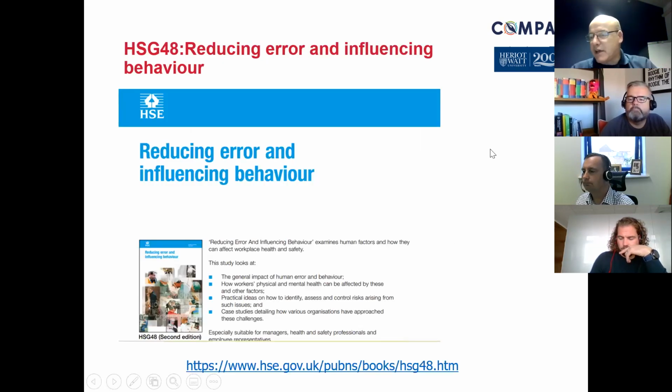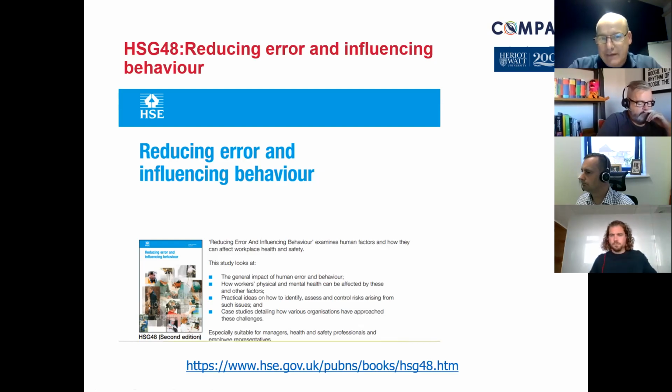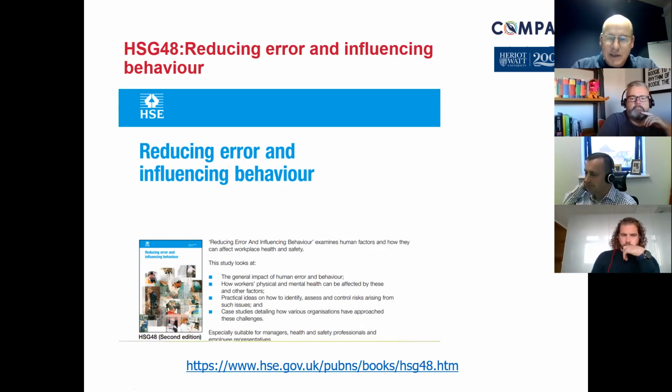So if you've not already downloaded it or you've not had a copy, if you go onto the HSE website, that's what it looks like. I think the title says reducing error and influencing behavior. I think it could be reducing error to influence behavior, maybe in some respects, because it does cover both, and they are kind of intermingled in what it's trying to do.